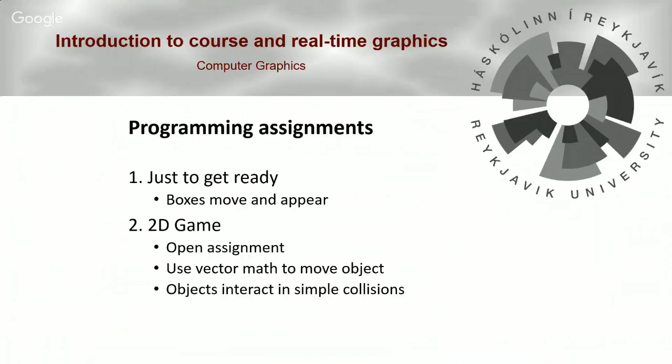Okay, so the programming assignments. The first one, which you already have and can have started already, is just to get yourselves ready. Make sure that everyone has the programming environment up and running. Make sure that everyone has some graphics elements and objects moving around so that you have some control over the environment. Once you have that, you can basically start working on the first real assignment.